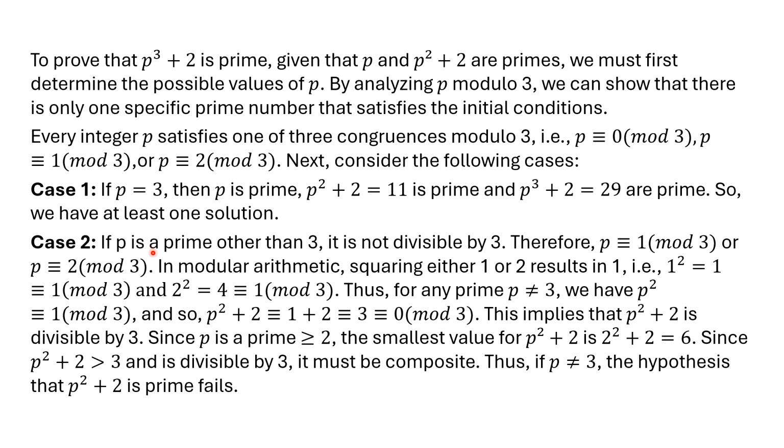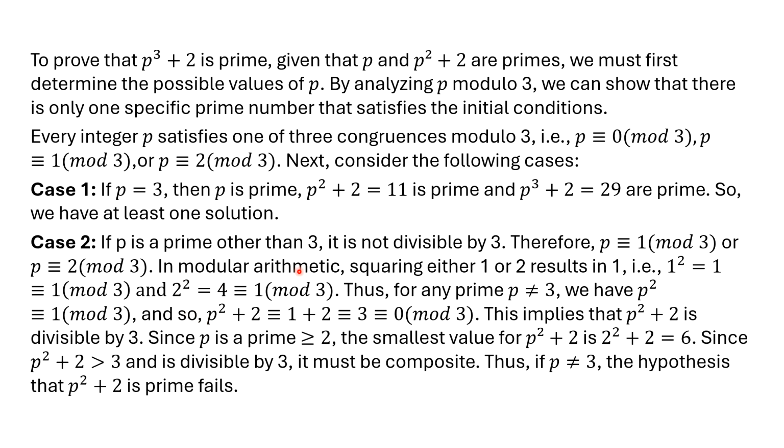We assume p is a prime other than 3, so in other words, we're not in this case here. So it's not divisible by 3 in that case. Therefore, p is either congruent to 1 mod 3 or 2 mod 3, but not 0 mod 3 because it's not divisible by 3.